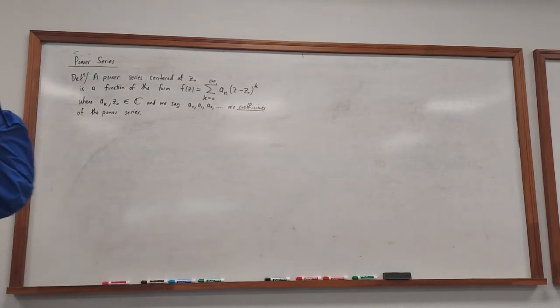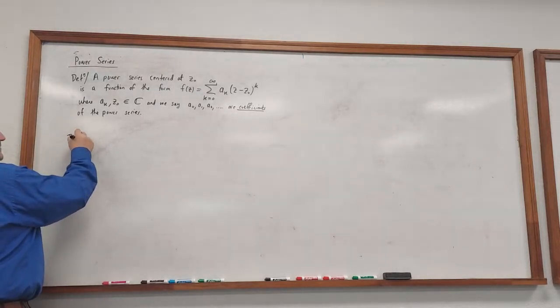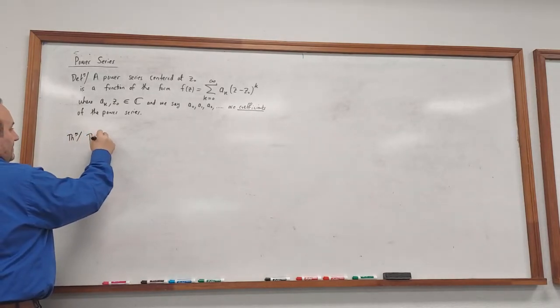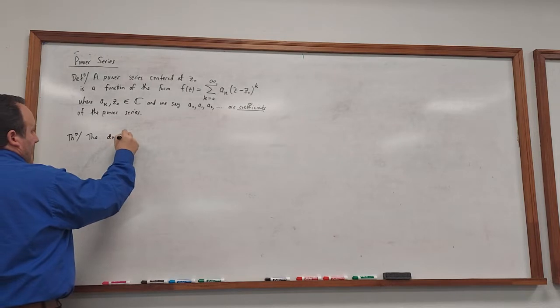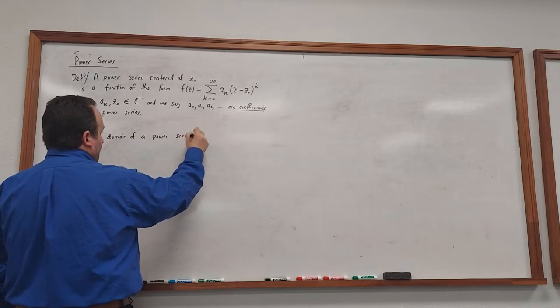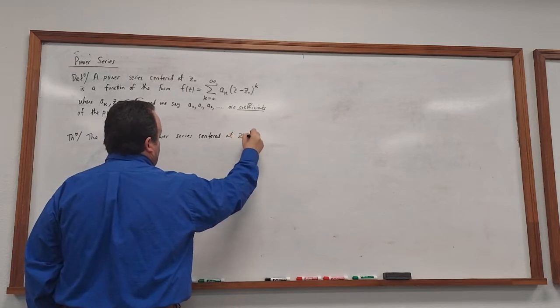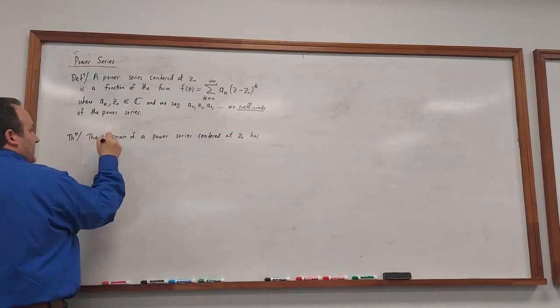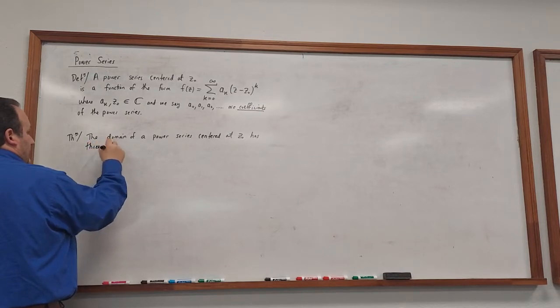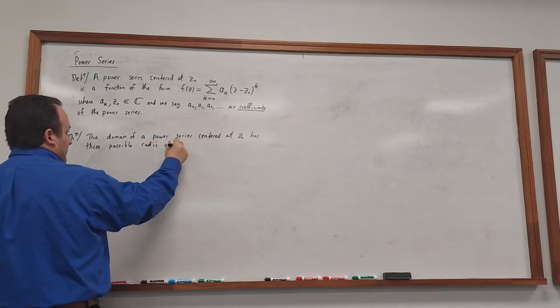All right. So this is what a power series centered at z naught is, and there's a theorem. The theorem says this: the domain of a power series centered at z naught has three possible radii of convergence.